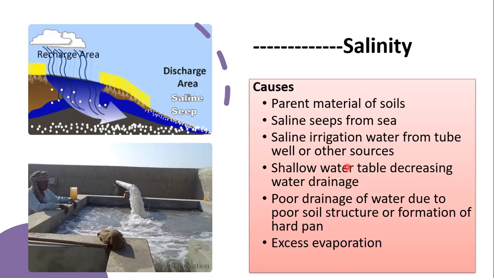But if we have a shallow water table, we cannot give heavy irrigation, because then the water table will rise, and that is even a major issue. Poor drainage of water due to poor soil structure or formation of hard pan. That is the same as I discussed in the previous section.